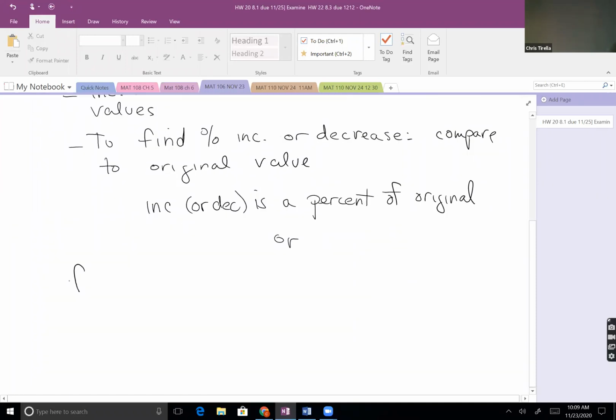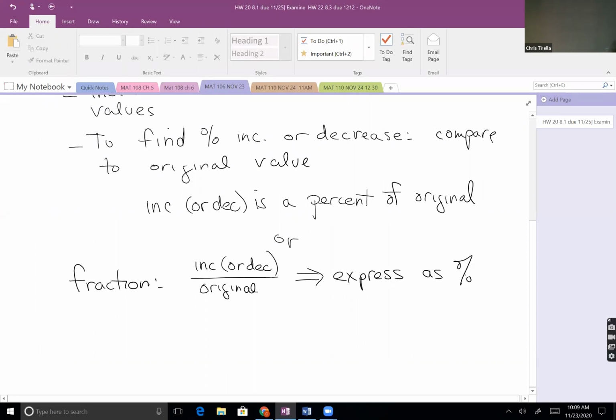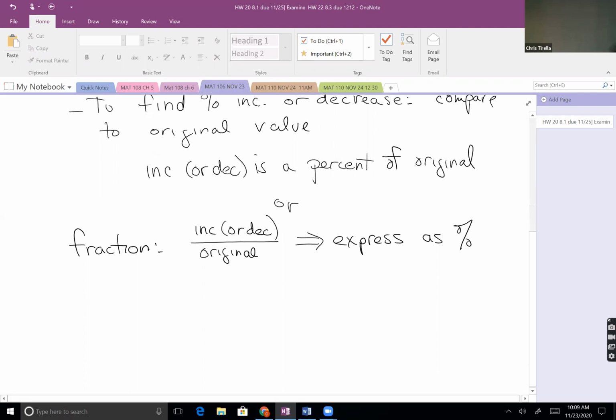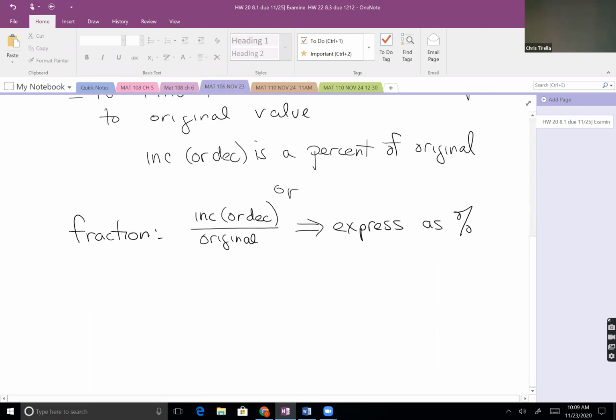We're going to take the fraction of change, which is the increase or decrease over the original, and then we're going to express it as a percent. And so what does all that mean? Let me know if you're ready to start looking at a couple examples, folks.